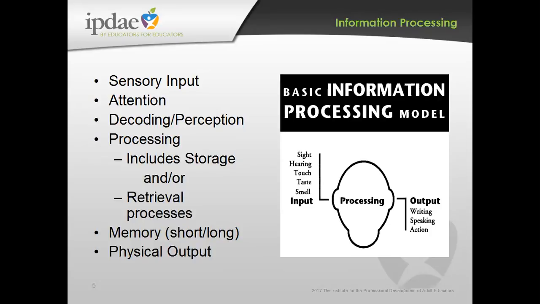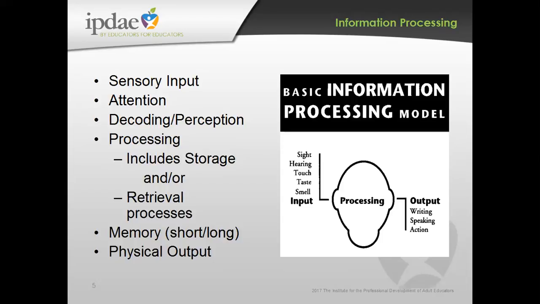you read it from left to right. The first thing would be input, either by sight, hearing, touch, taste, or smell. That's the input. In between input and where the brain would be is the attention. Then decoding and perception takes place by the brain in the processing area. And in processing, the information that comes in through input goes through memory.